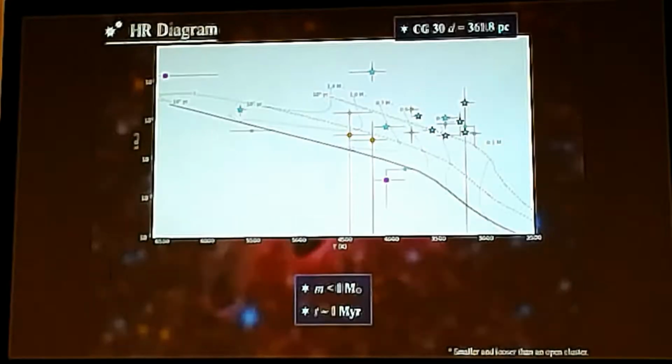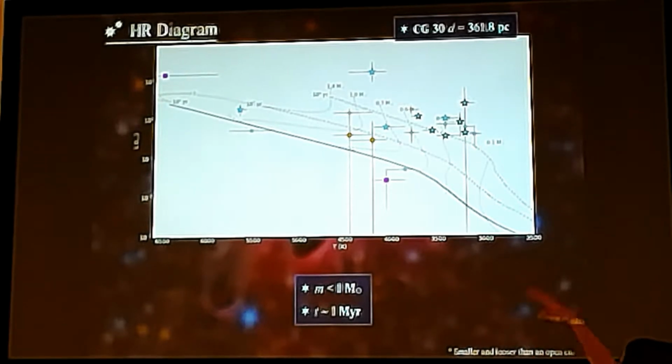Now that we know it's an association, we can go ahead and plot it on the HR diagram, because we have our temperatures from the spectral types, and we have our luminosities from the corrected photometry we just did. Here are all the stars plotted on the model isochrones and mass tracks.